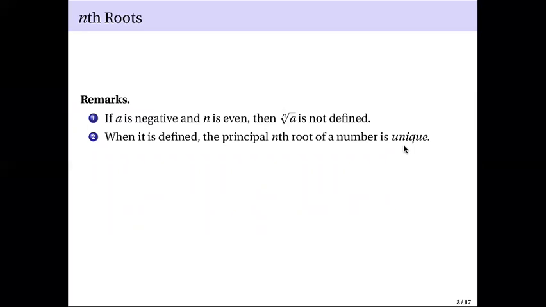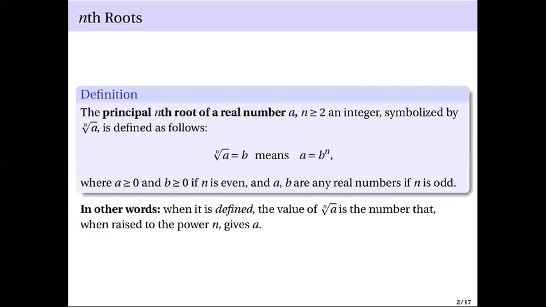So if we go back to this definition, if we have this equality, this b is unique. There is only one possible value for b. Look at this, principal nth root of a number. We will always talk about the principal nth root, so a lot of times we'll just drop the word principal. We'll just say nth root of a real number.